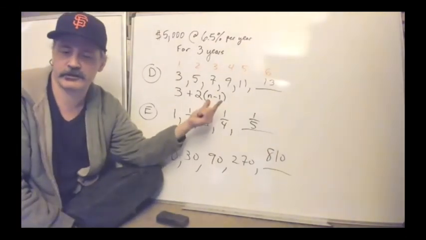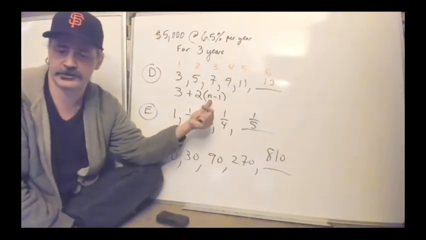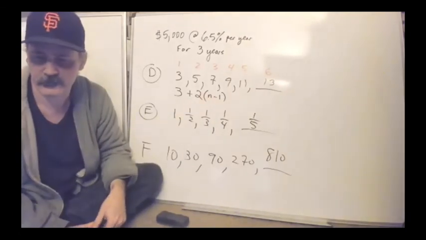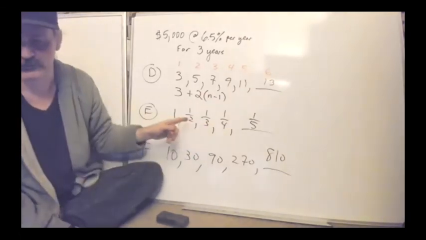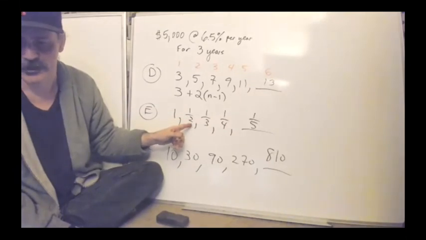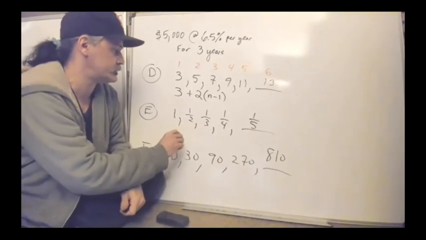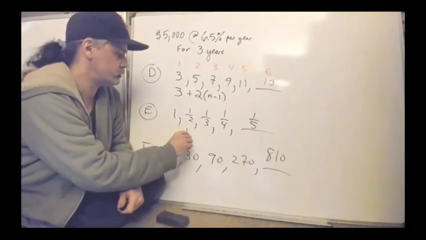Why am I doing n minus 1? Because if n is 2, that's the first time we added 2. And this one's a little easier because notice this 1/2 is the second number, 1/3 is the third number. So this rule we could just say is 1 over n.